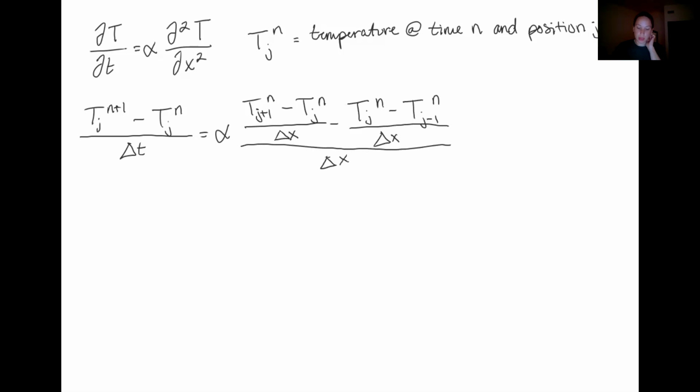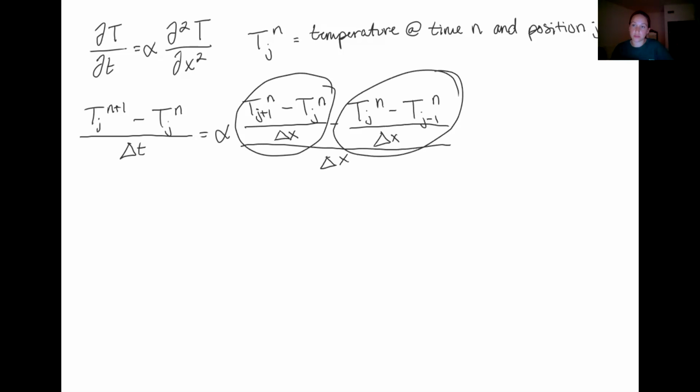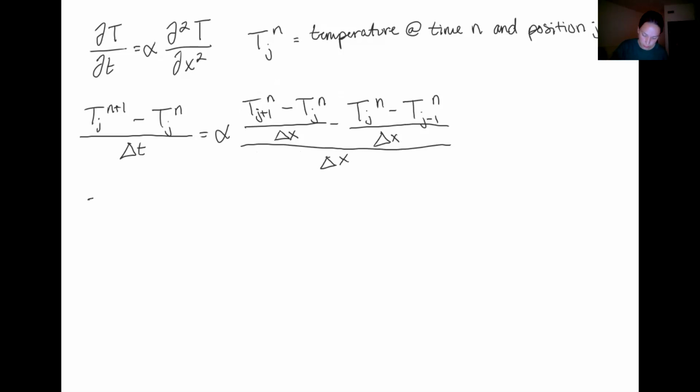And so this is the finite difference of the derivative to the right, and this is the finite difference of the derivative to the left. So all we have to do now is simplify this, because we want the T j n plus 1 value. We want an expression for that value. So that's pretty simple.